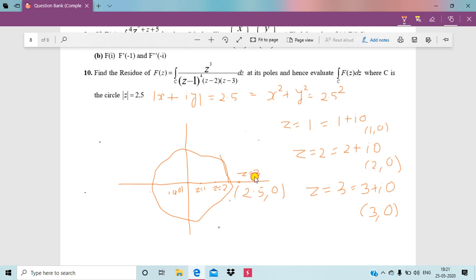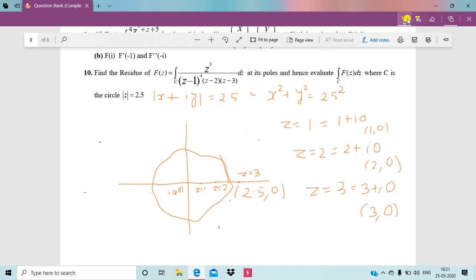Therefore, the point z equal to 3 does not belong to the curve mod z equal to 2.5, and therefore it is an outer point. So this is how we can trace a complex curve and locate its inner and outer points.